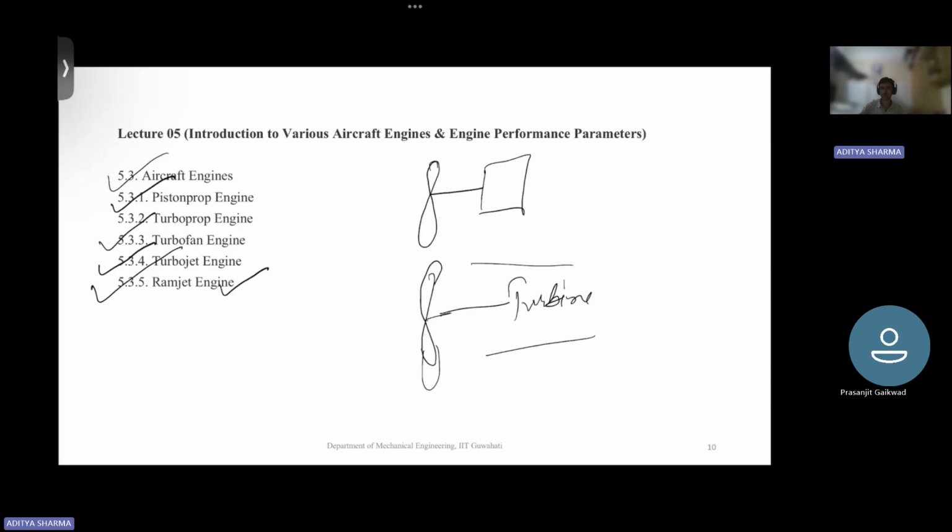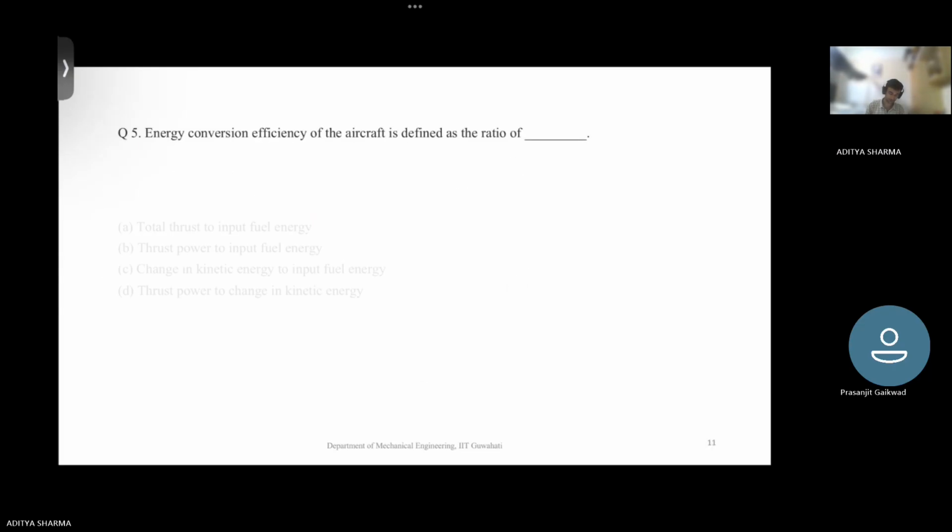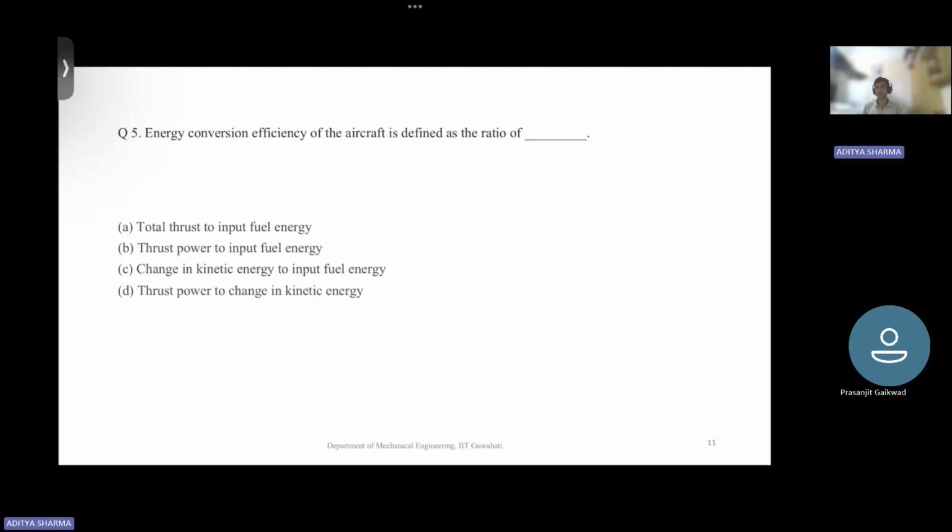Now moving on to questions based on lecture number 5. So first question we have, please read this question and try to answer this.